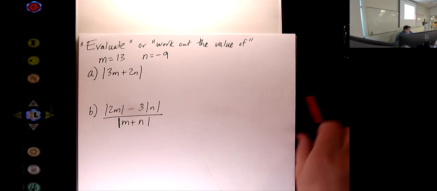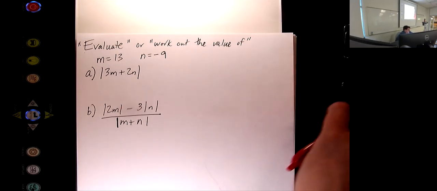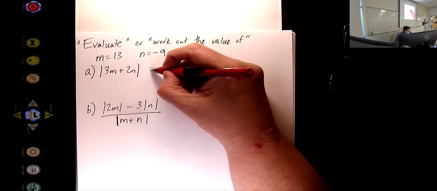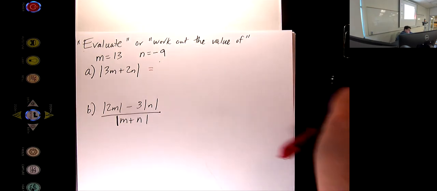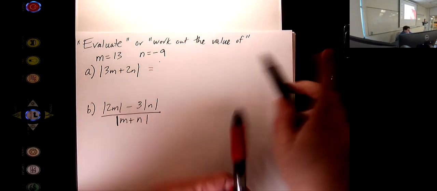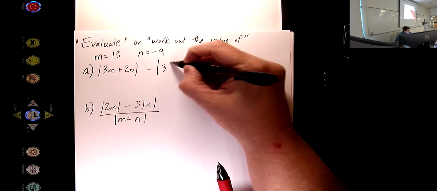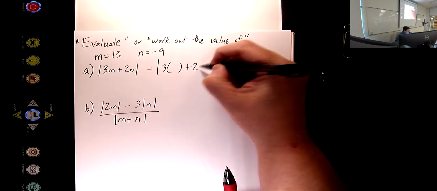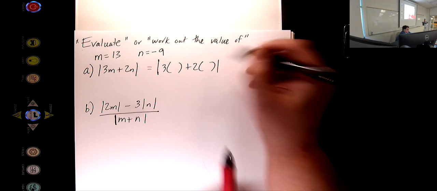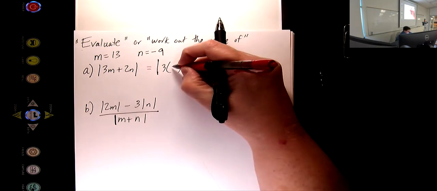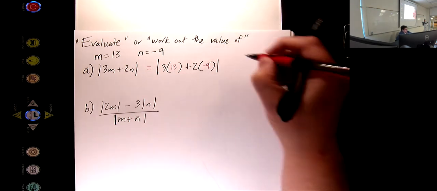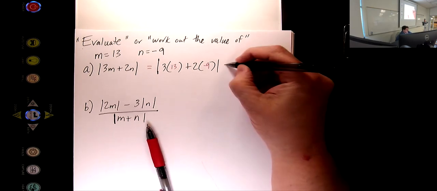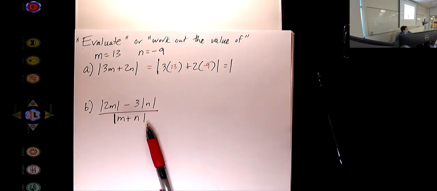All right. Let's walk through it. I'm gonna substitute in using parentheses my values for m and n. I got 13 and -9. We have to do the operations inside first, so PEMDAS again. Multiplication comes before addition.